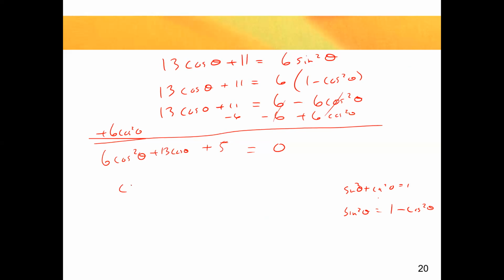Okay, let's see, opposite of b, plus or minus the square root of 169, I believe, minus 4 times a times c, all over 2 times a. Whoa, those are huge. And everything's positive? Yeah, everything's positive, okay.